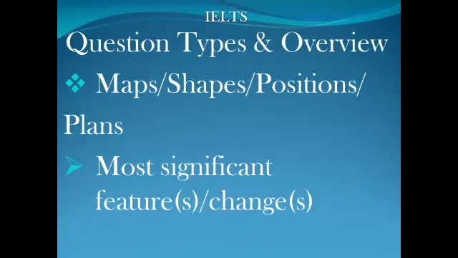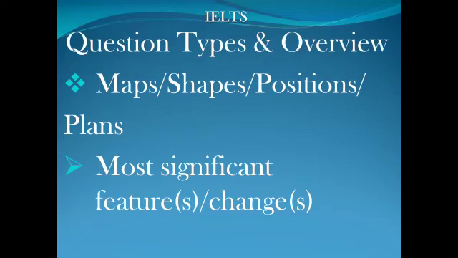Then we come to map, shape, position, or plan questions. You need to report the most significant feature or features, or change or changes. If there's just one map, one shape, position, or plan, then you're looking at the most significant feature. And you need to mention the name of that most significant feature, because that is not the detail.